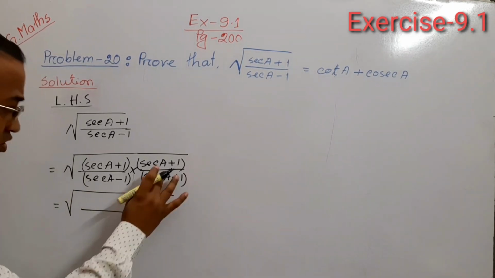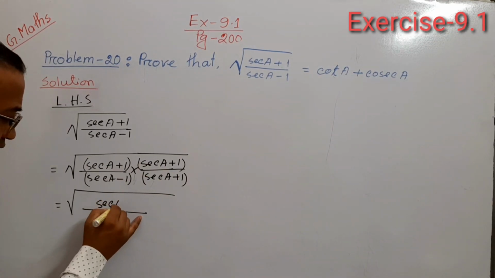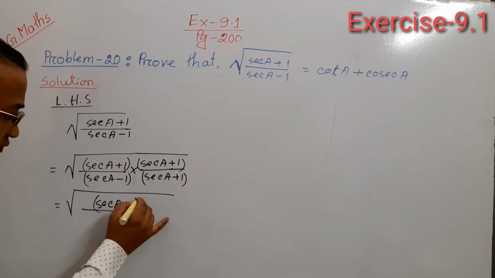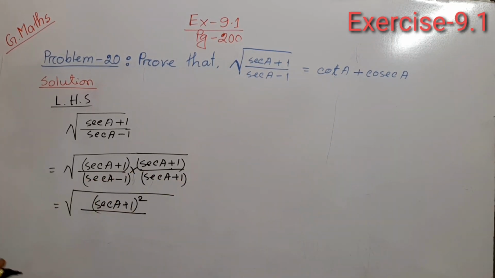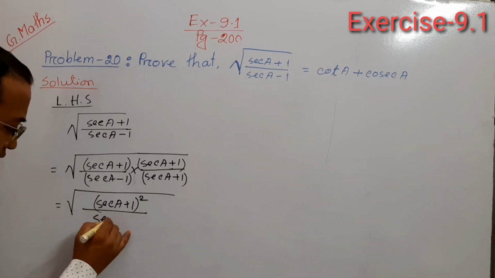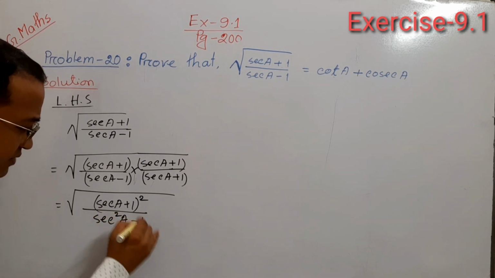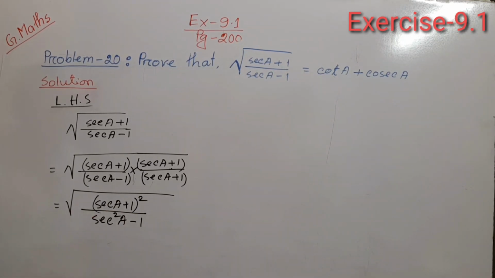Now look, these two become sec A plus 1 whole square, and this is sec A plus 1 into sec A minus 1, that is A plus B into A minus B, A square minus B square. B square means 1 square, that is 1.